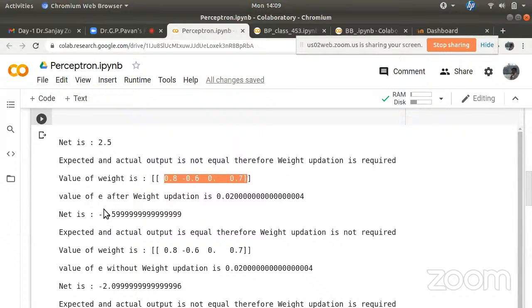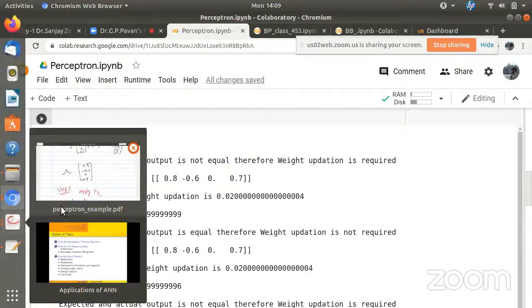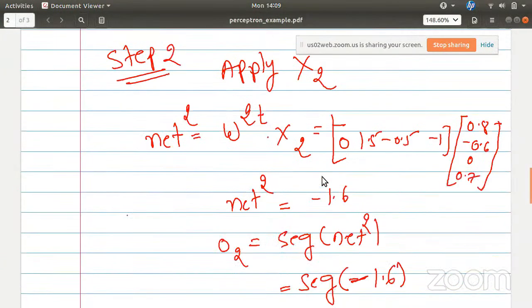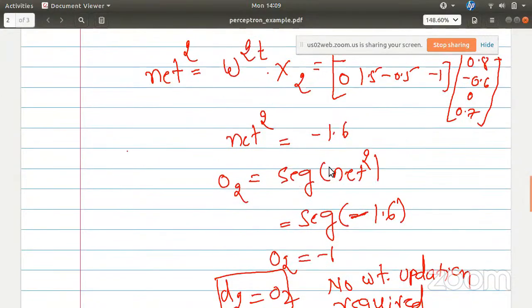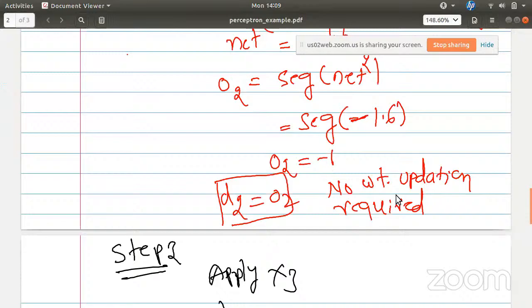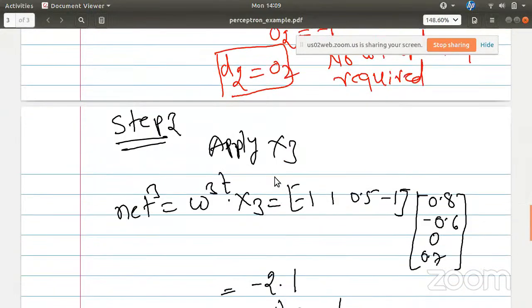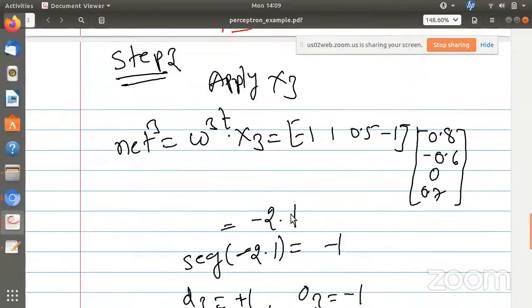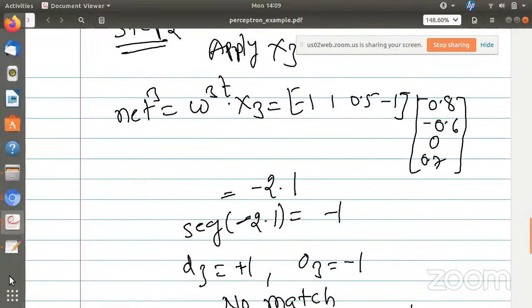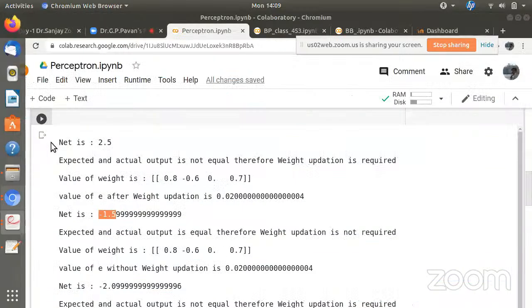Then in the next step you get a net value of -1.6, and after that weight updation is not required because a match happens. Then you apply x3, and -2.1 is the net value you got.